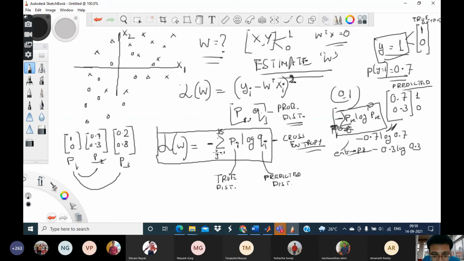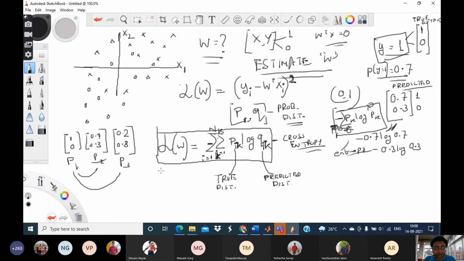Each of the dimensions I will denote by small k as earlier, so I write it as pk and qk, and then I repeat this analysis for all the data points. There are n data points, and for the ith data point I have a true distribution over the label space and a predicted distribution over the label space. So I write it accordingly.